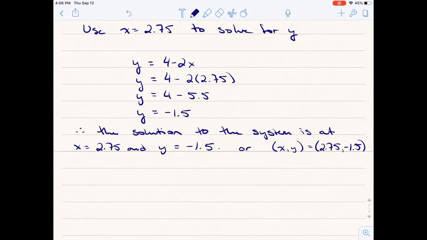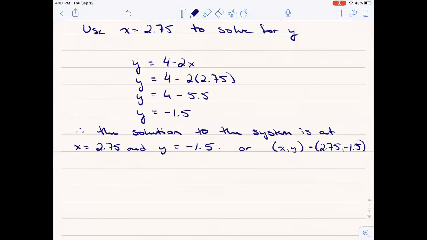So it's a lot of work, but it's not hard. You just have to go through all the steps. Especially by substitution, the steps are always the same. You solve for one, you plug it in, you solve for the other, you plug it in, and then you're done. What's nice is we can check our answers.